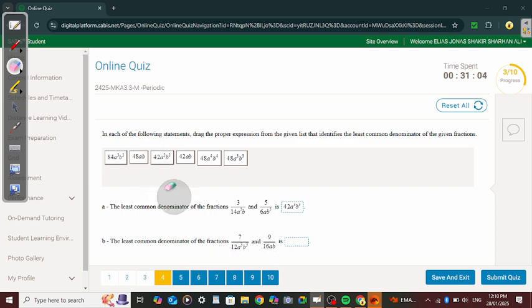Now again, just ignore the numerators. Let's just solve for the least common denominator. So 12 is split up into 2 multiplied by 2 multiplied by 3 multiplied by 3 a's multiplied by 3 b's. 16ab split up into 2 multiplied by 2 multiplied by 2 multiplied by 2 multiplied by 1a and 1b.